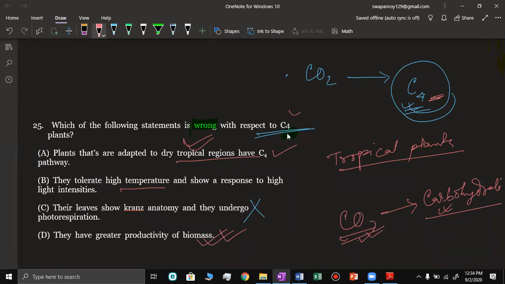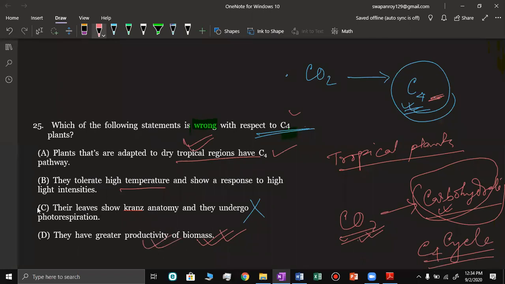C4 plants produce carbohydrate through the Hatch and Slack cycle. They carry out the C4 cycle, and this way their efficiency and productivity are very high.